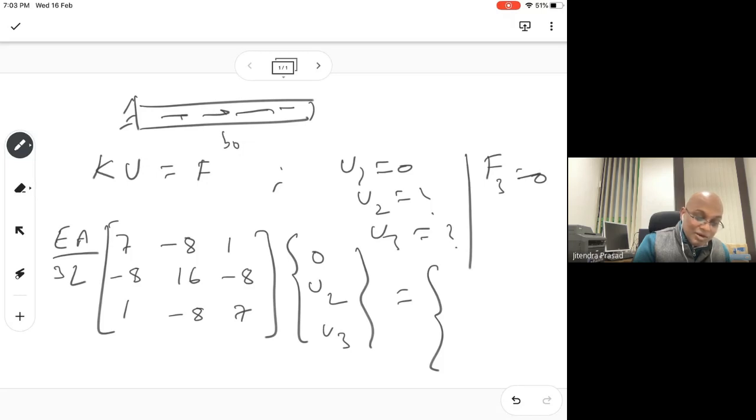F1 we got. So the F1 value is b naught L over 6.